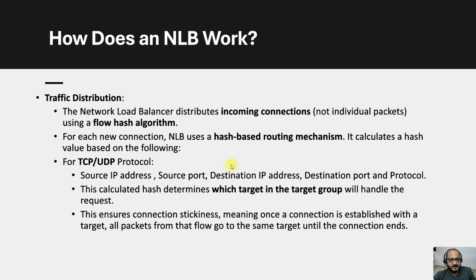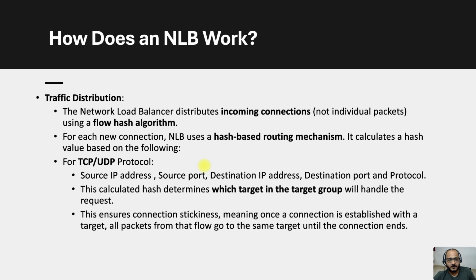Now let's understand how a network load balancer works in the background. The network load balancer uses a flow hash algorithm. Each load balancer uses its own routing mechanism to route the traffic. In the network load balancer, it uses a flow hash algorithm.